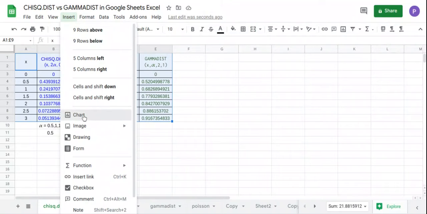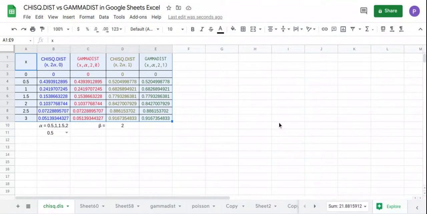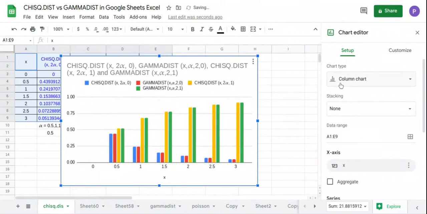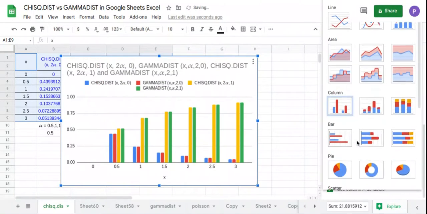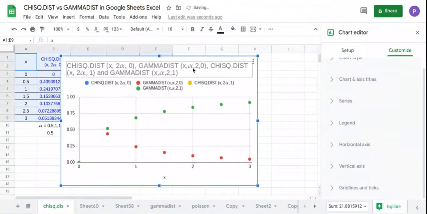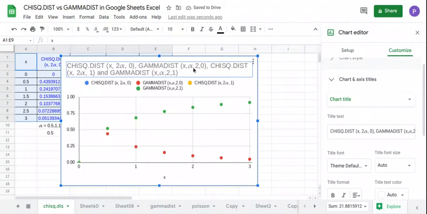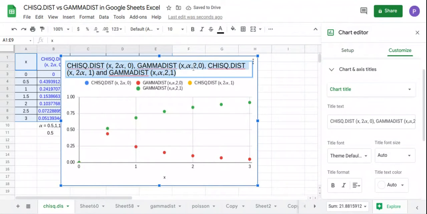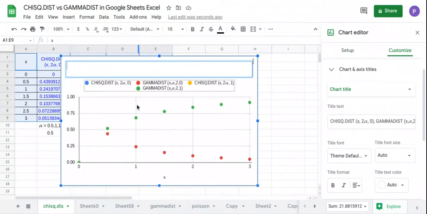Insert chart, and we'll use a scatter chart. Customize, we don't need this, we don't need this portion.